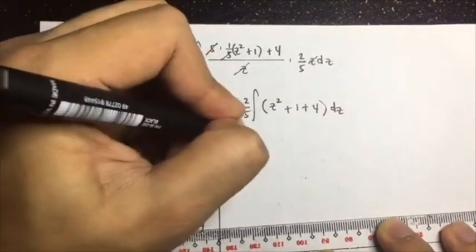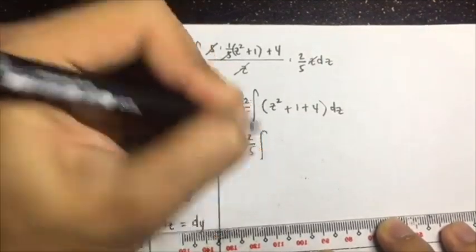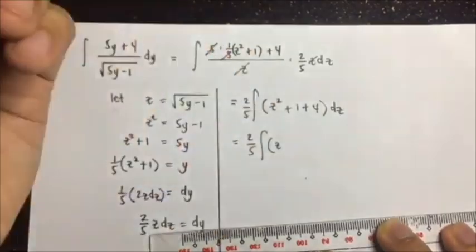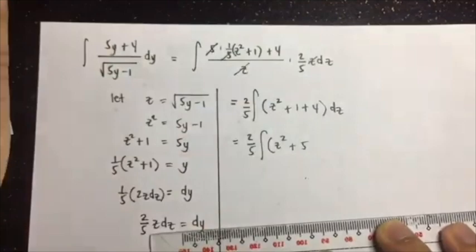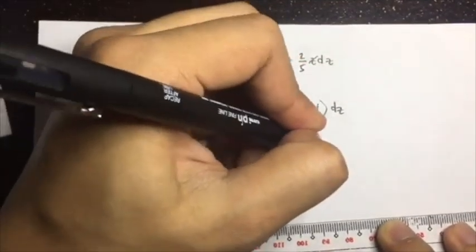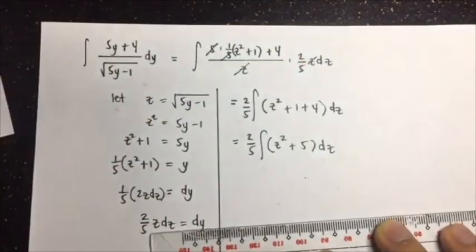So that is 2/5 the integral of (z squared plus 5) dz.